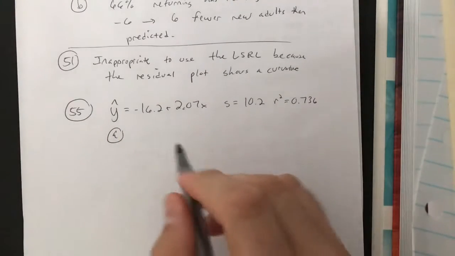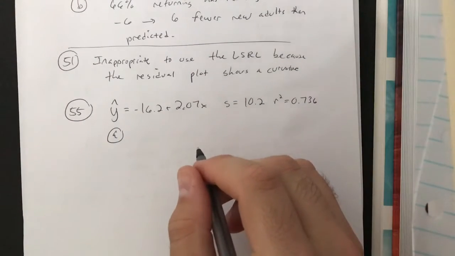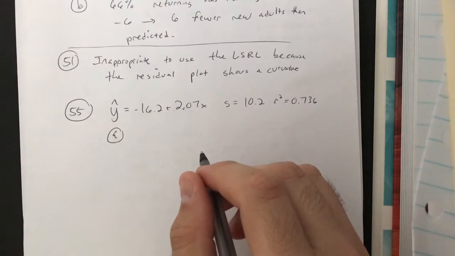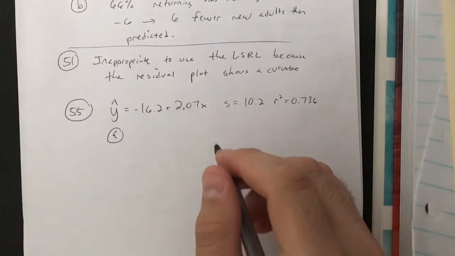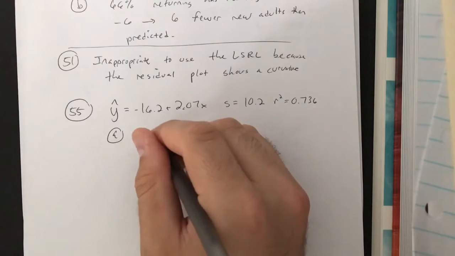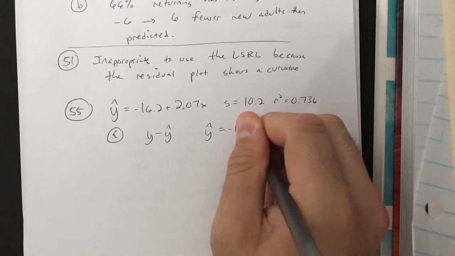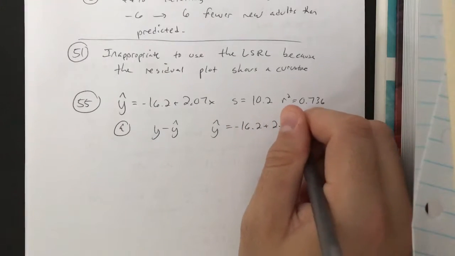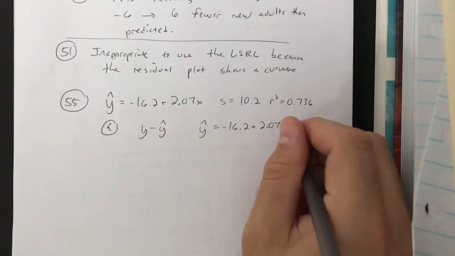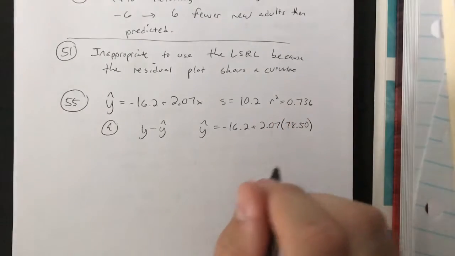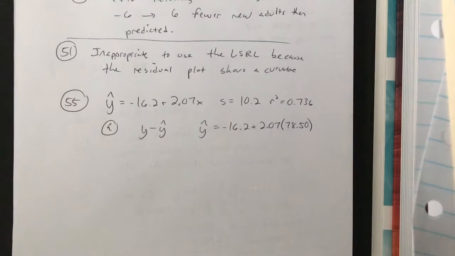So using the equation from above, the X is the short program and the free skate is going to be Y. So if we're finding the residual, Y minus Y hat, we're going to use this equation, -16.2 plus 2.07 times 78.5, since 78.5 was the X value. So using our calculator, -16.2 plus 2.07 times 78.5.